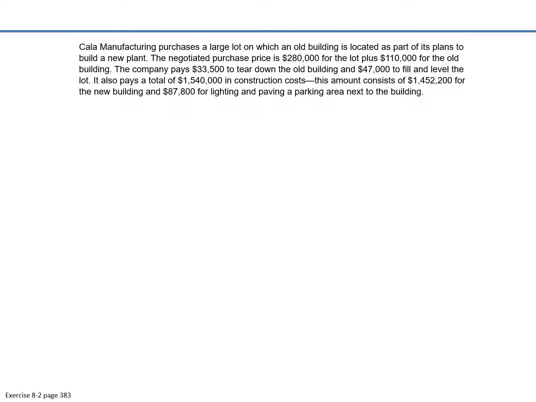So the costs to do that are $33,500 and $47,000. It also pays $1.54 million in construction costs, and this consists of $1,452,200 for the new building and $87,800 for the lighting and paving of the parking area next to the building. So prepare the journal entry to record the costs incurred, all of which are paid in cash.